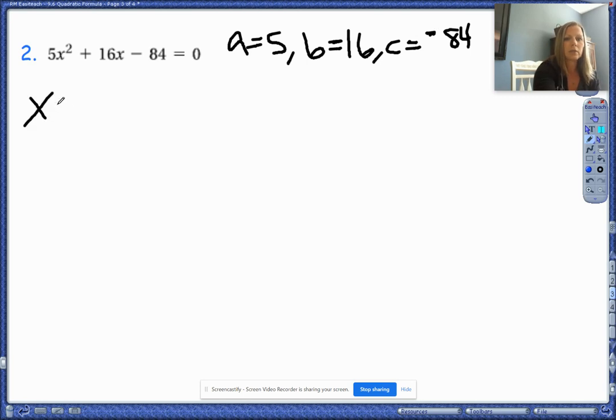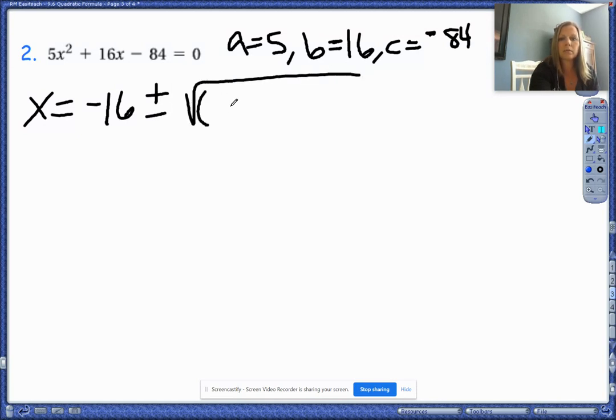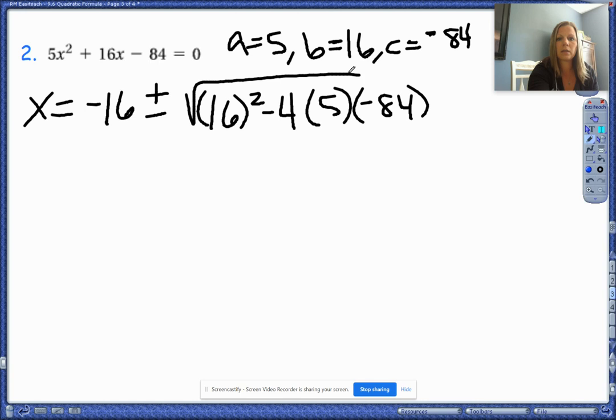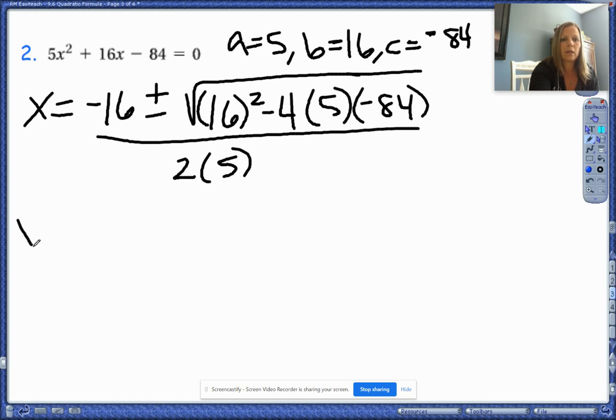X equals opposite of B plus minus square root B squared minus 4 times A times C all over 2A. X equals negative 16 plus or minus.